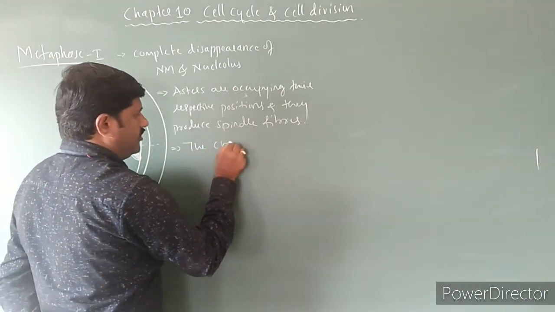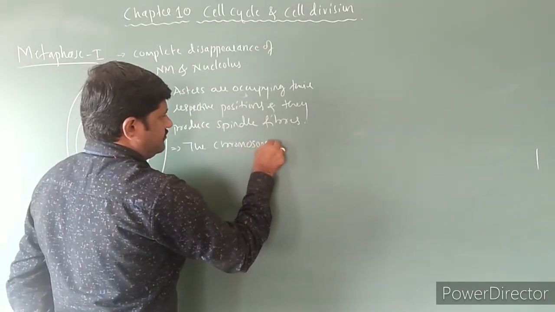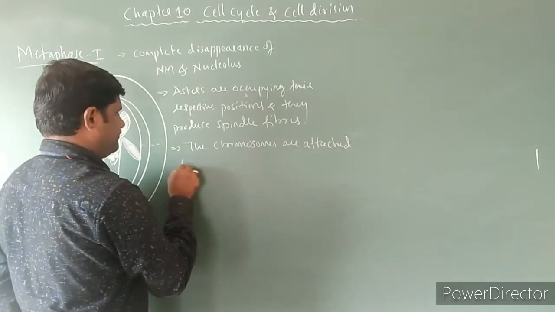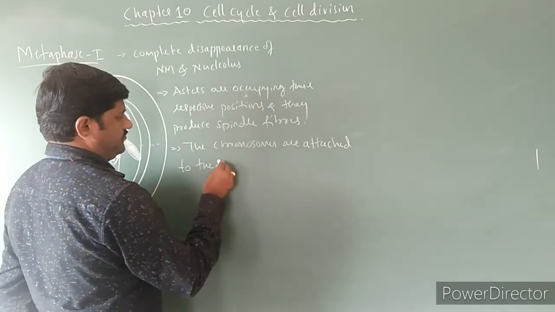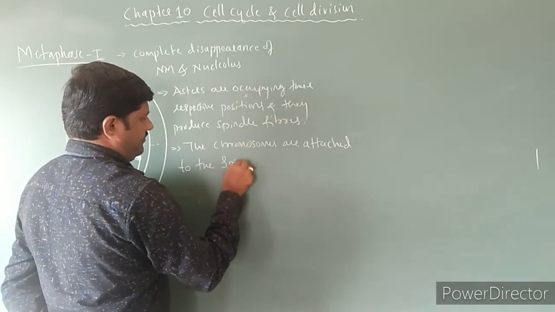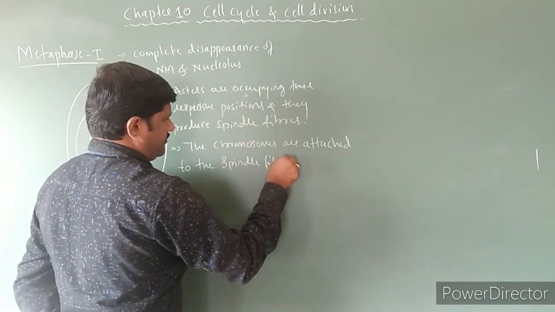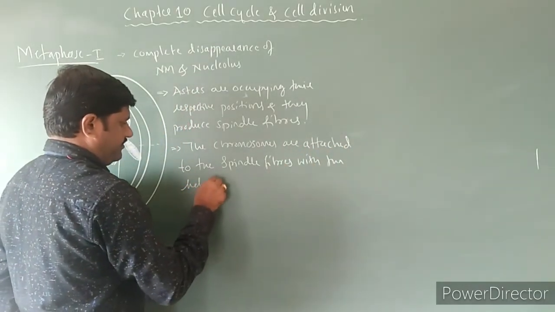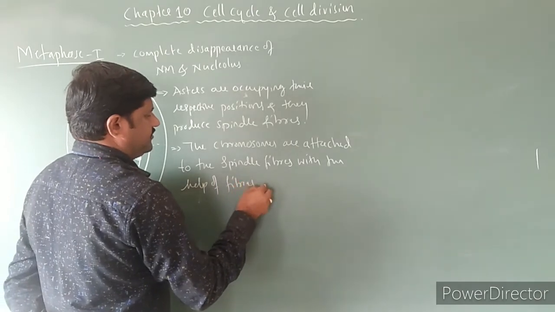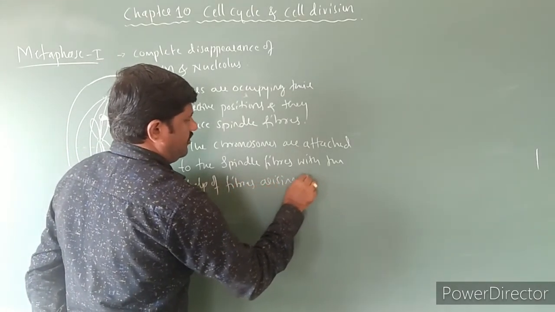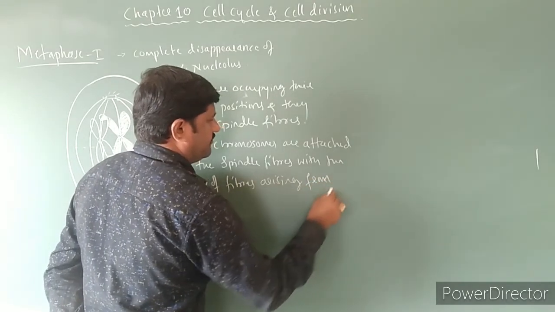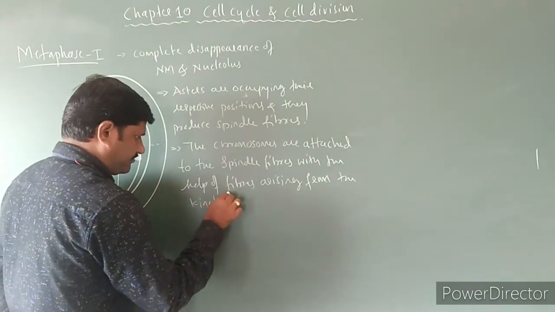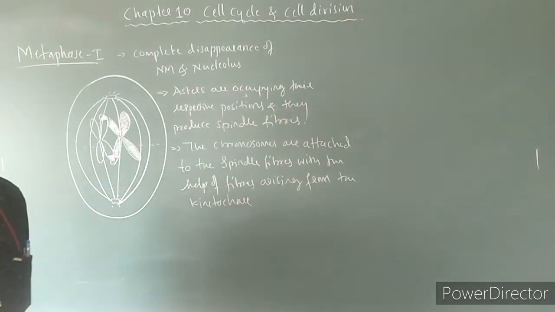The chromosomes are attached to the spindle fibers with the help of fibers arising from the kinetochore, right?